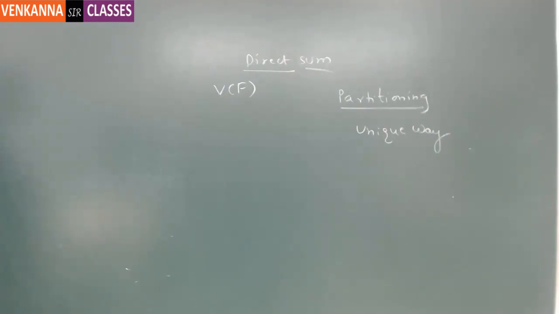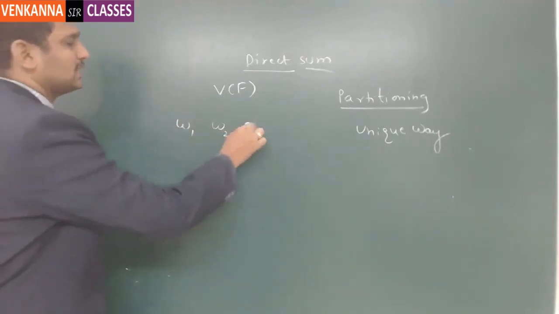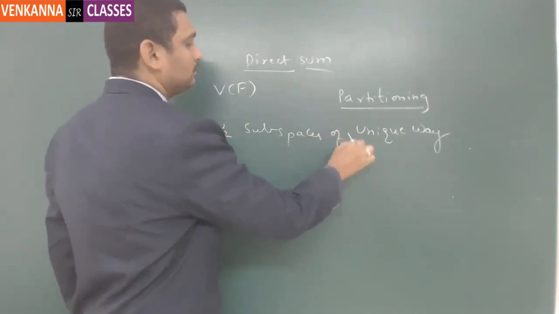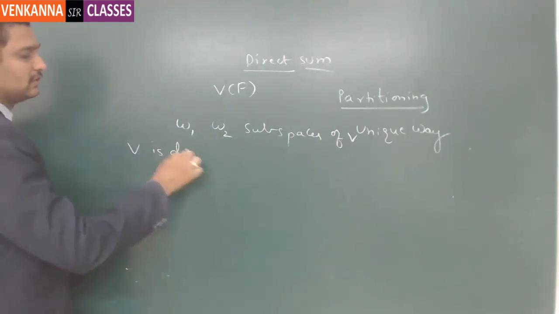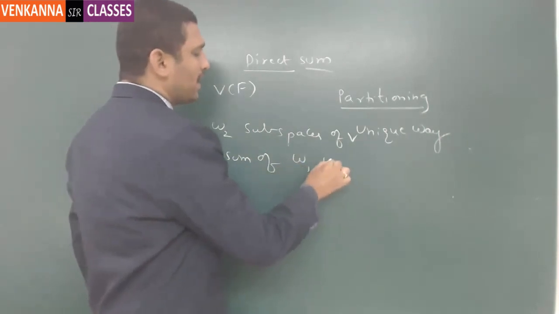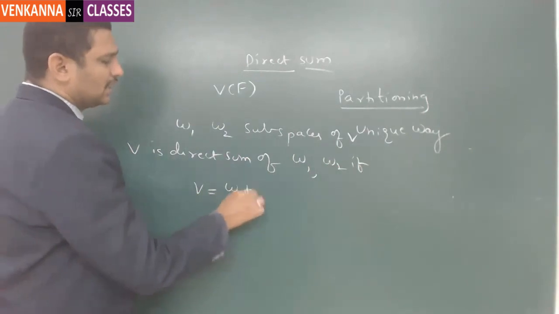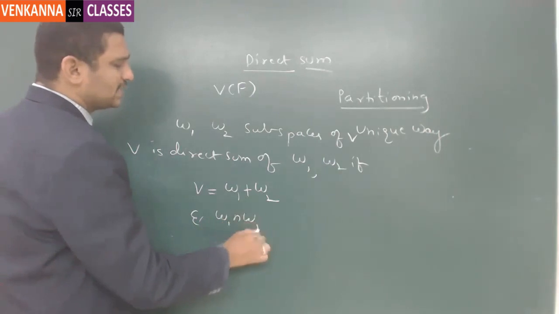The definition of direct sum is, whenever you take two subspaces of V, we say that V is the direct sum of W1 and W2 if V is nothing but the sum and the intersection of the two sets is 0.